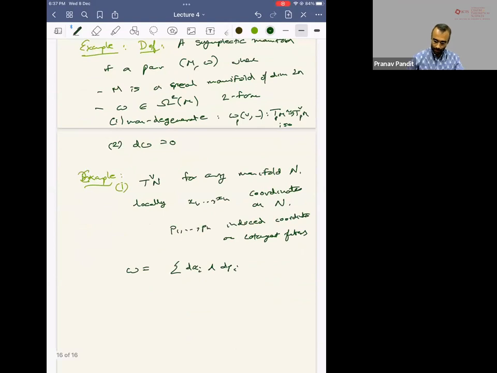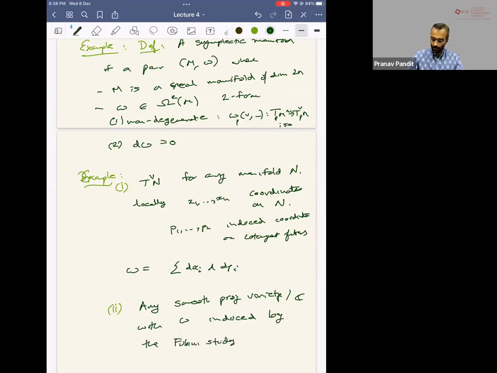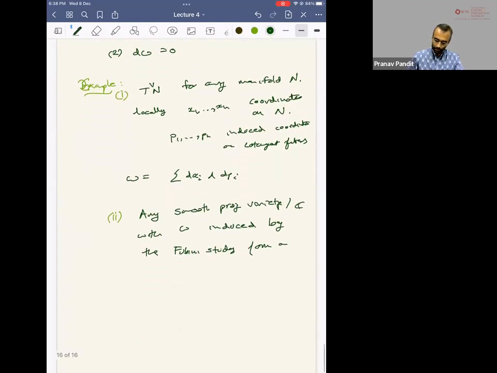So that's one example. Another example is any smooth projective variety over C with omega induced by the Fubini-Study metric on P^n(C). Okay, so I'm not going to have time to define this.